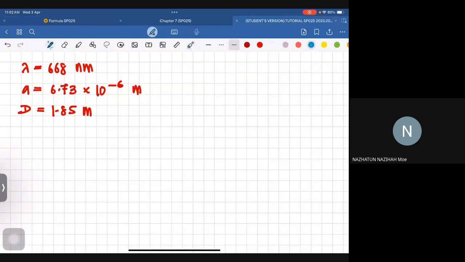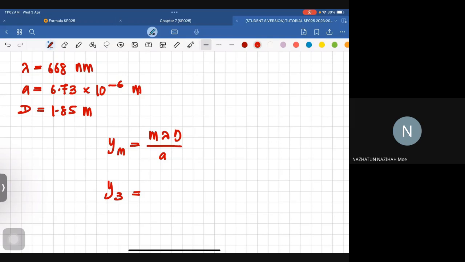So, Y3 is equal to, should I write M first. I'm gonna write M first. So M lambda D over A. So kita tahu the order number is 3. Tulis M equal to 3. Sometimes orang akan bagi ni sebagai konsep.